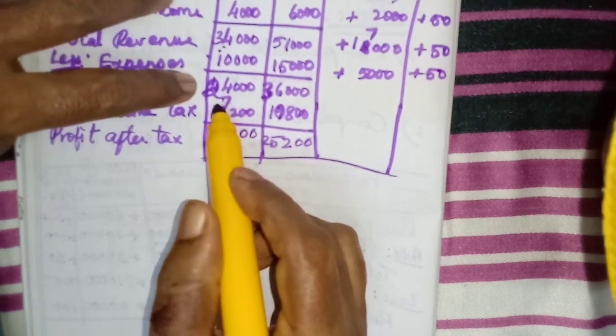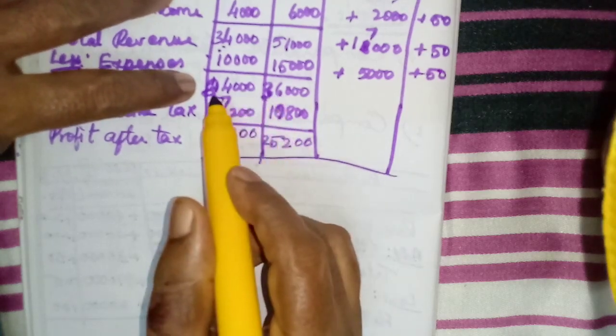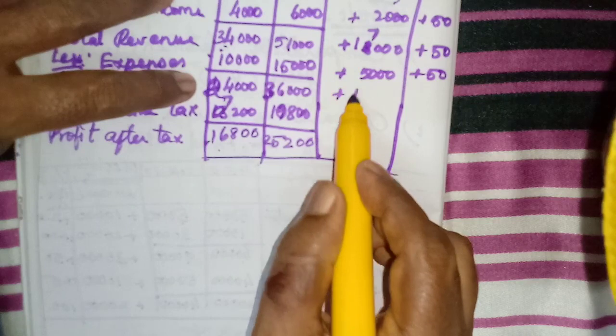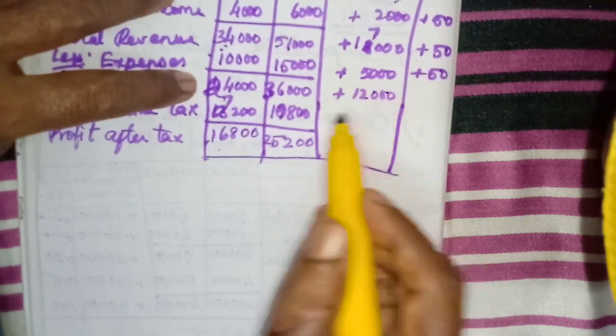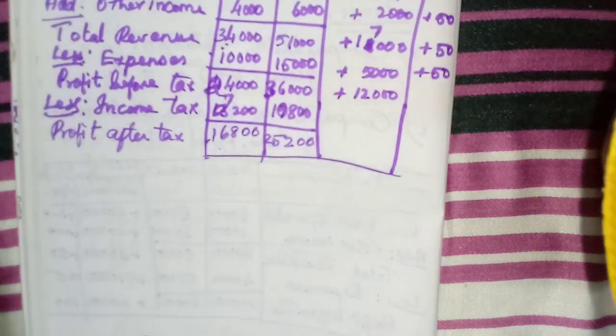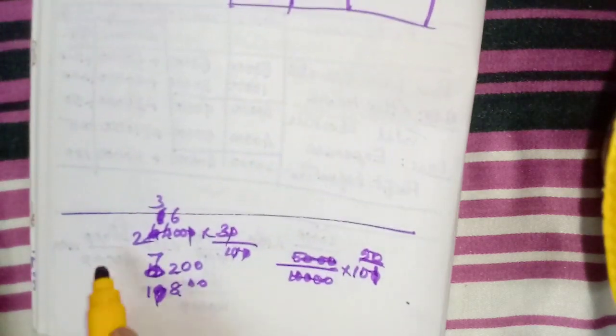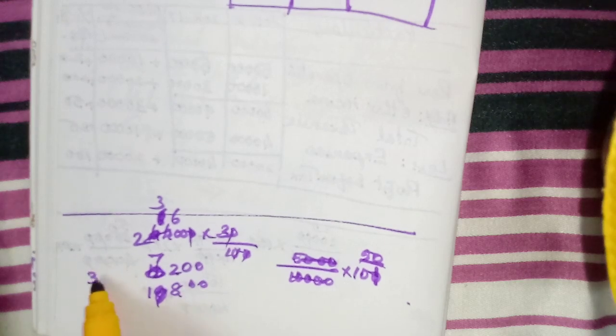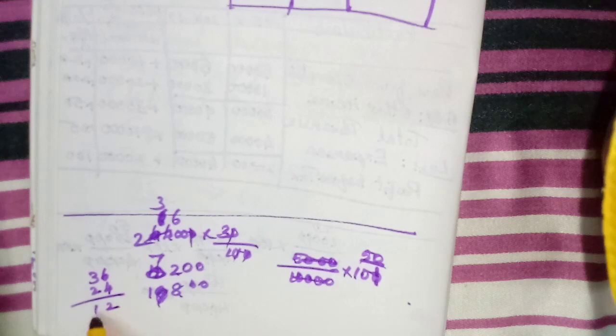Here, increase, 12,000 increased, isn't it? So how much has it increased? 12,000. How will you calculate that one? You have to subtract this 24 from 36. Okay, that way only we need to calculate.